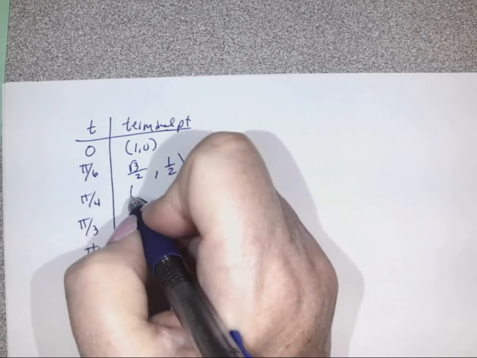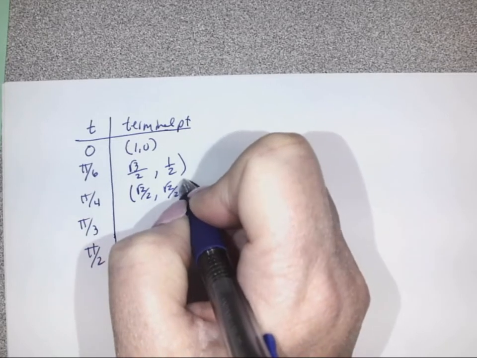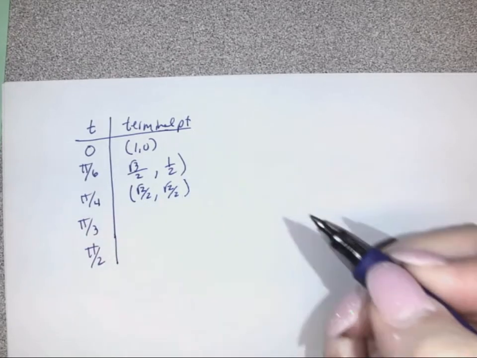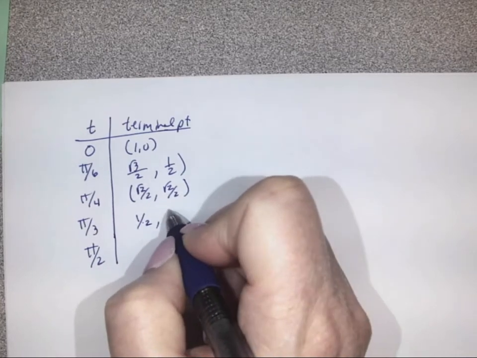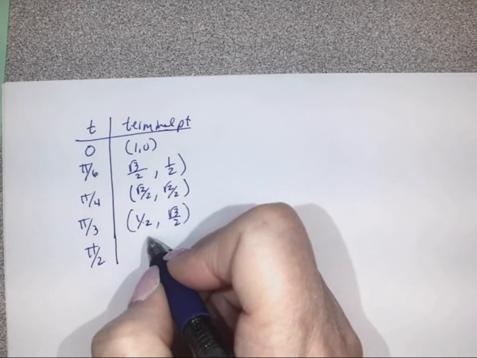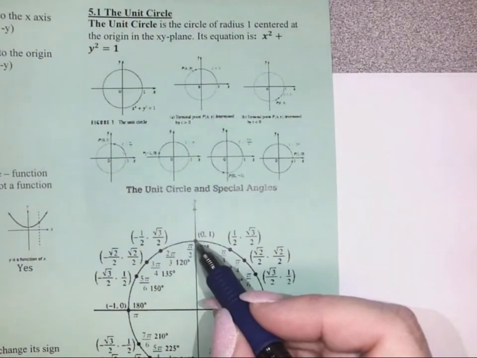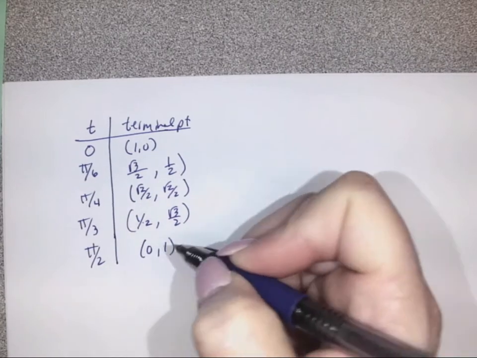Pi over 4, we just found that one. It's square root of 2 over 2, square root of 2 over 2. Pi over 3 will be 1/2 and the square root of 3 over 2. And then pi over 2, that's at the very top of our circle. That's the y-intercept, so it will be 0, 1.